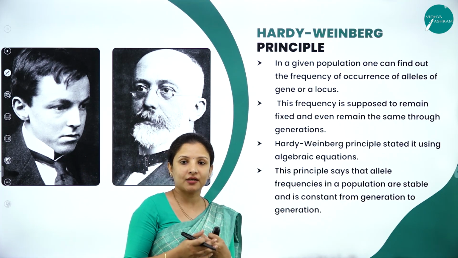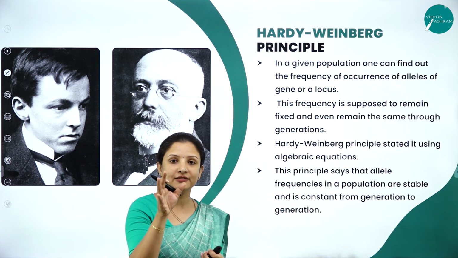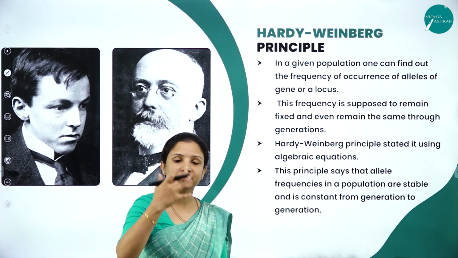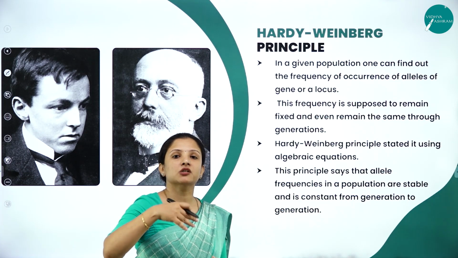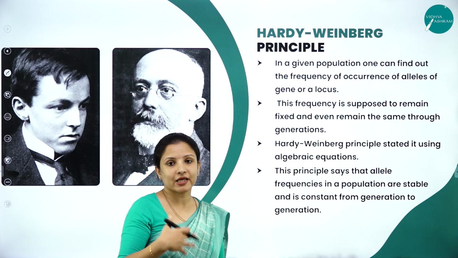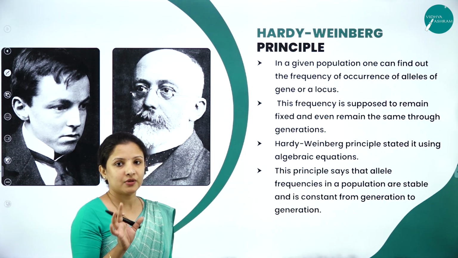So how many times the same genes occur, because same genes will give rise to similar organisms in a population. How many types of same genes, how many times the repetition of the genes in a particular population of organisms, the frequency can be calculated by Hardy-Weinberg's equilibrium or Hardy-Weinberg's principle.